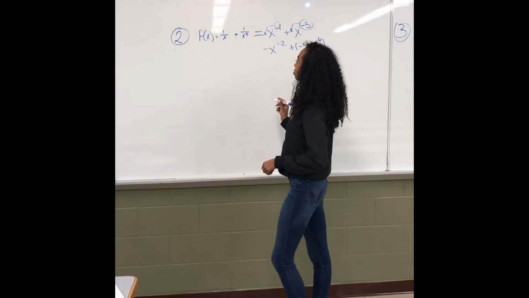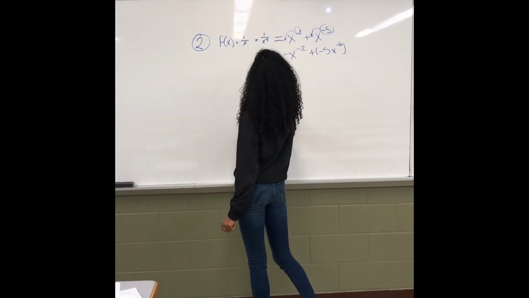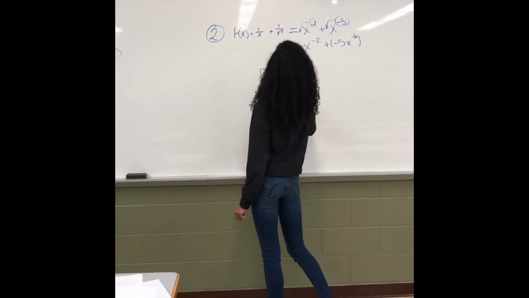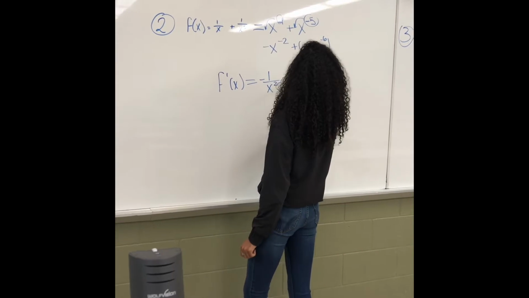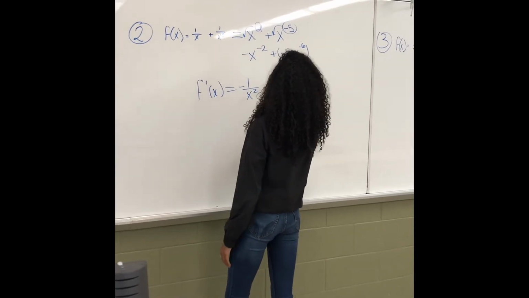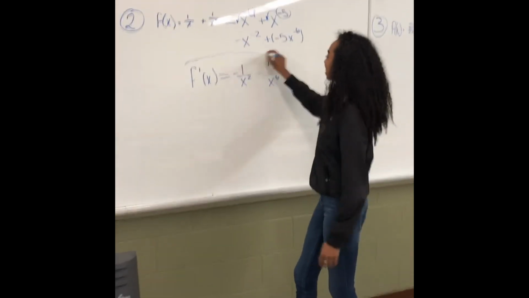To bring this back to simplified form, you're going to write it as f prime of x equals negative 1 over x squared minus 5 over x raised to the 6.